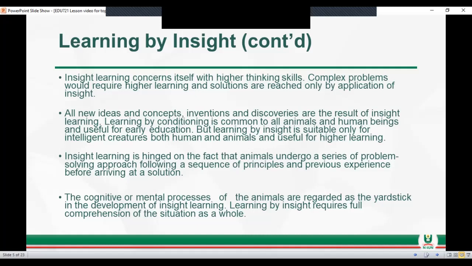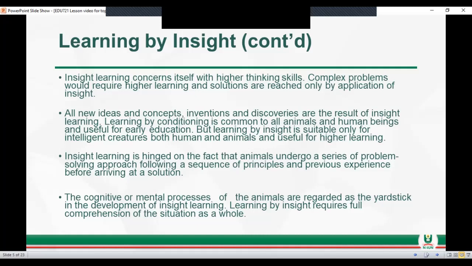Insight learning is hinged on the fact that animals undergo a series of problem-solving approach following a sequence of principles and previous experience before arriving at a solution.